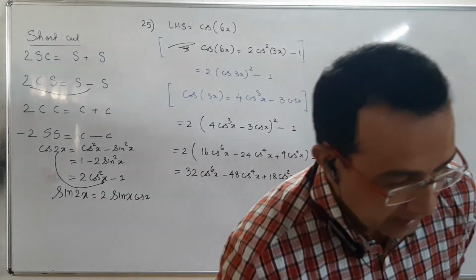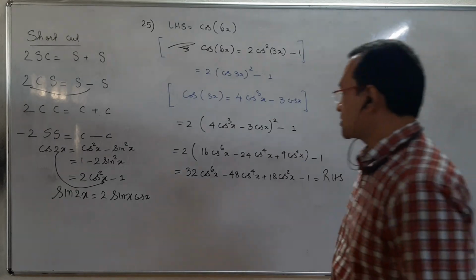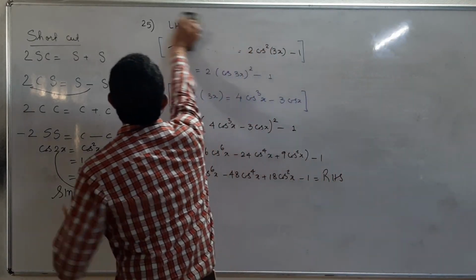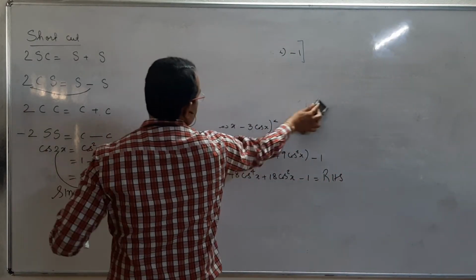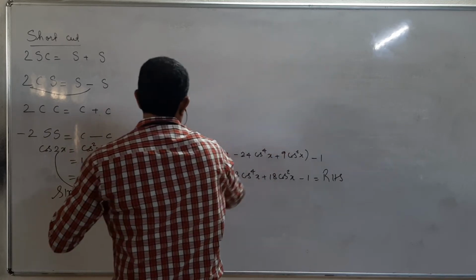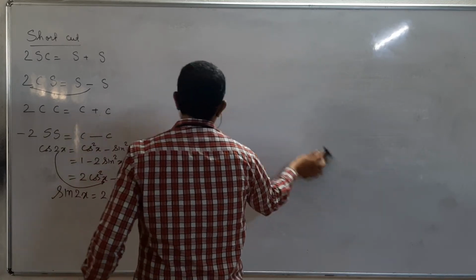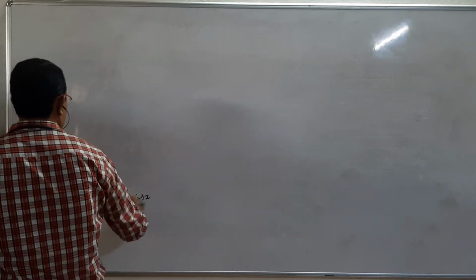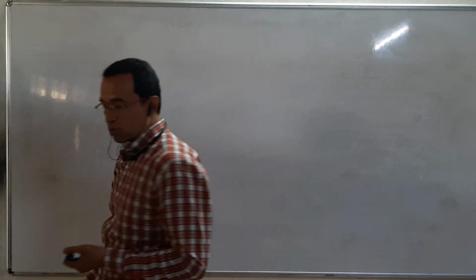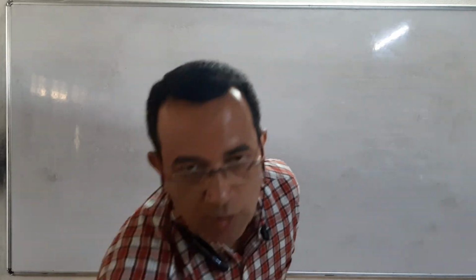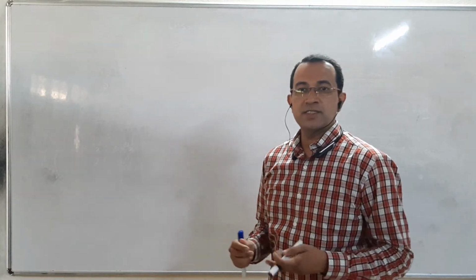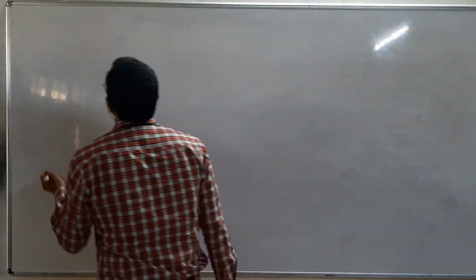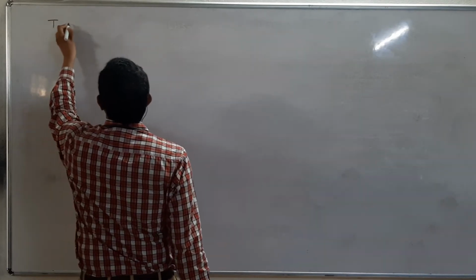Okay, students, having done the sums, I am going to explain one very important table for trigonometry, and that table will be very useful to students. So please, all of you, try to understand the table, the trigonometric table, the T table.